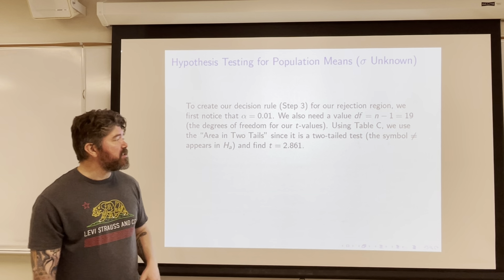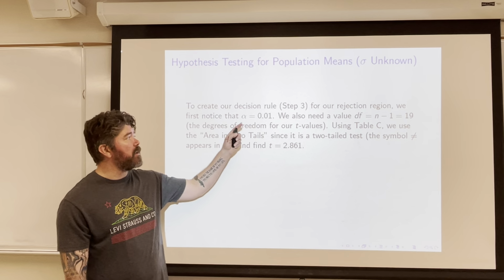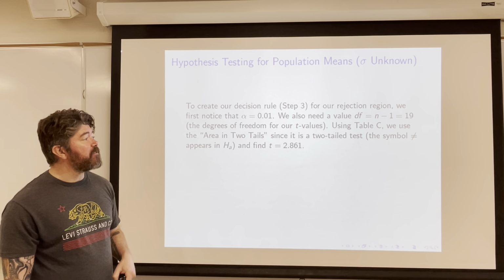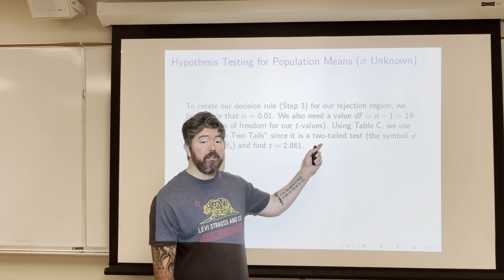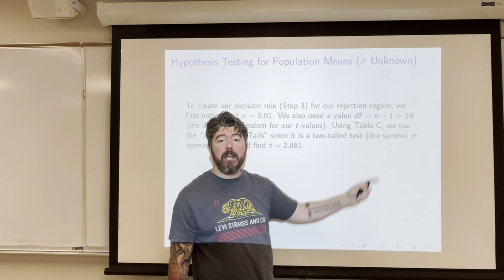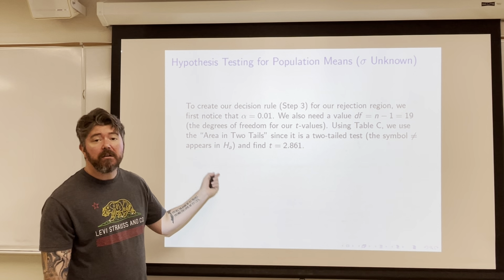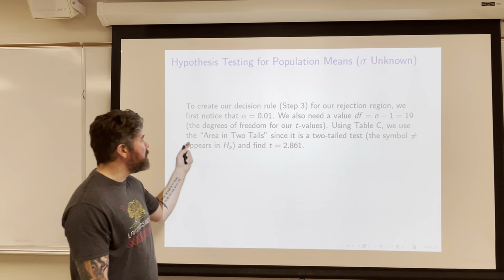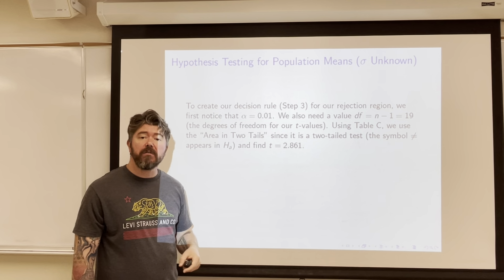Now, to create our decision rule for a rejection region, we first notice that alpha, given in the problem, is 0.01. We also needed degrees of freedom. So right next to our formula on our exam 5 formula sheet, remember it says degrees of freedom is n minus 1. So our sample size in this problem was 20. 20 minus 1 is 19. Using table C, we use the area in two tails, and this is because we have the symbol not equals.